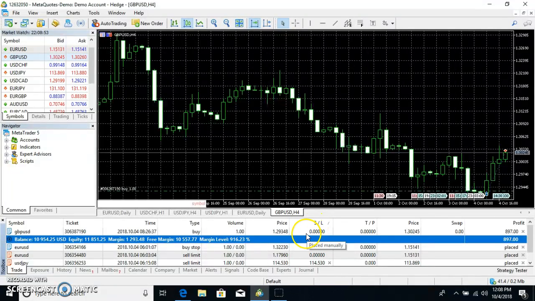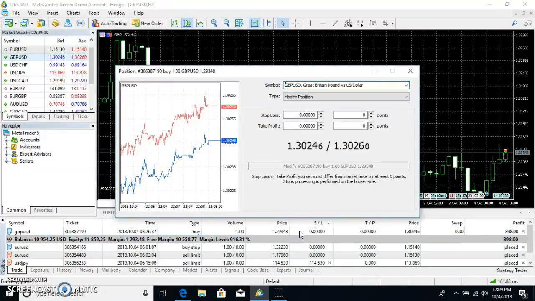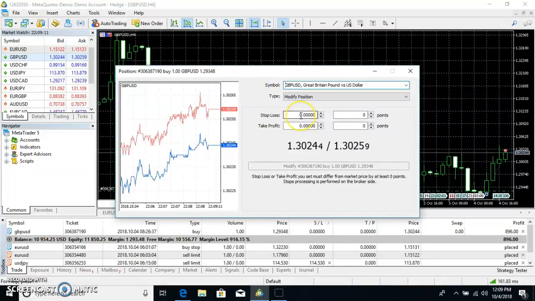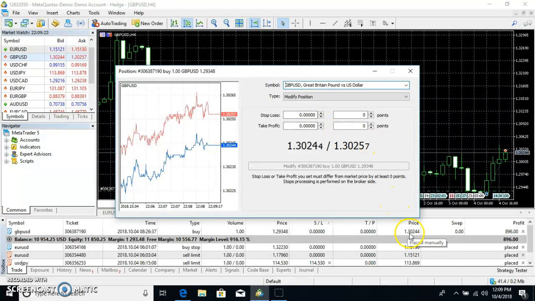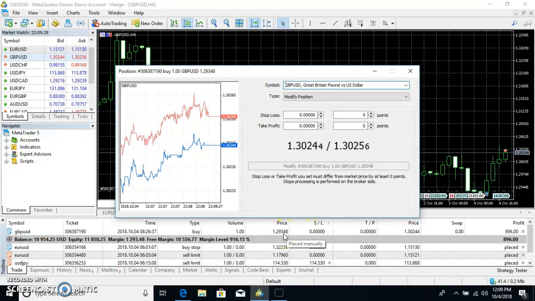So what we do is put in a take profit. I mean, not a take profit. We'll modify the position and we'll put in a stop loss at 20 pips below. It was at 1.2934.